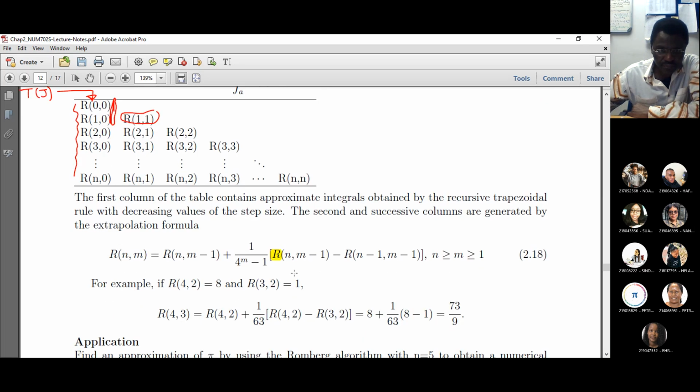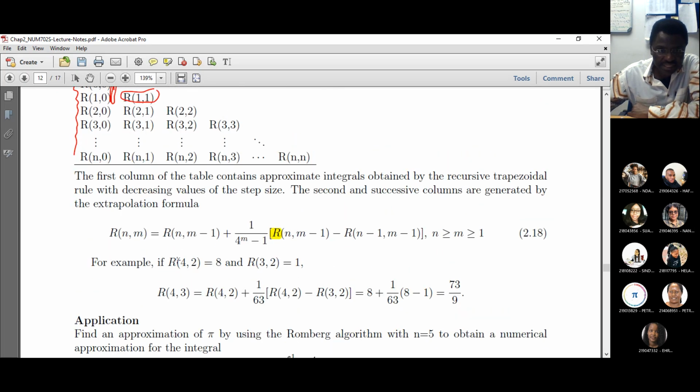But this can still be rearranged. Because you realize that in some formulas, you will not see it in this form. It will be written in a different form.